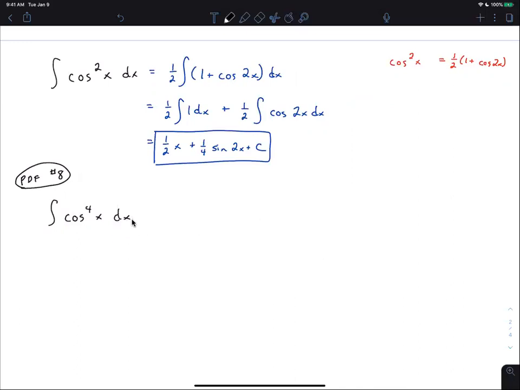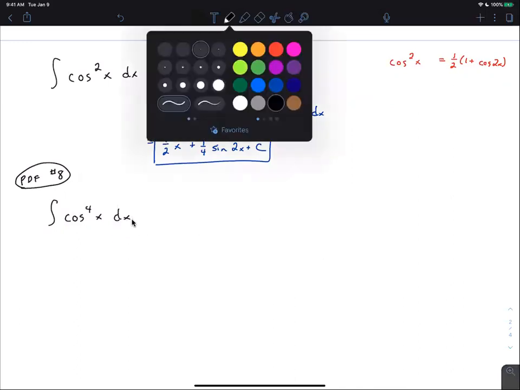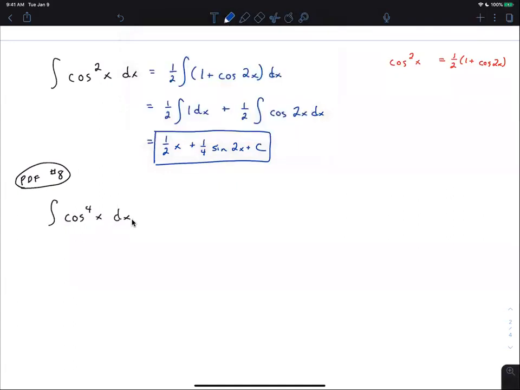So all right, this problem though is one where you have all even powers of sine and cosine. And so then what we want to think is, okay, this is cosine squared. And so what's going to happen is then we get that entire identity squared.